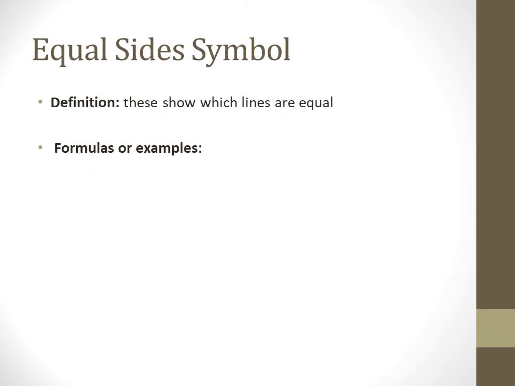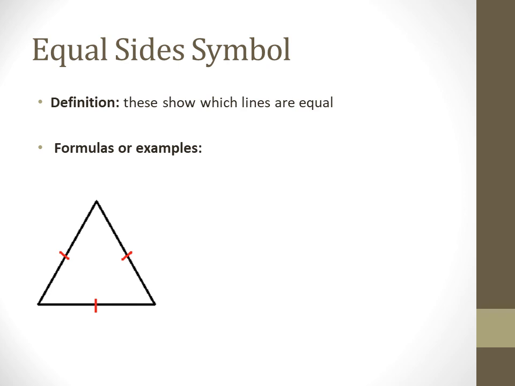Last two, equal sides symbol. All right. Sometimes our problems will not give us all the information, but it will give us clues. An example is the equal sides symbol. These show which lines are equal. So we saw some examples earlier, all right, where we've got these little lines that go over our triangles. The triangle sides, I should say.